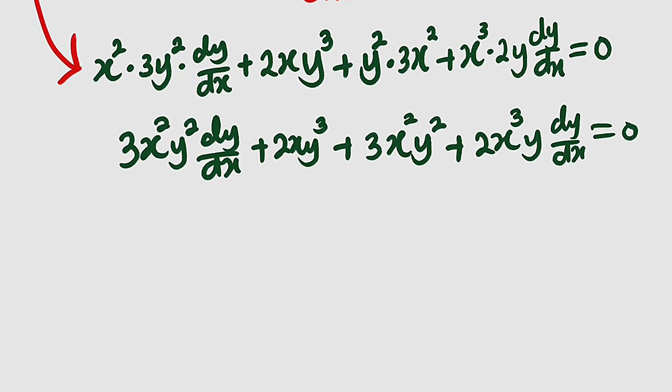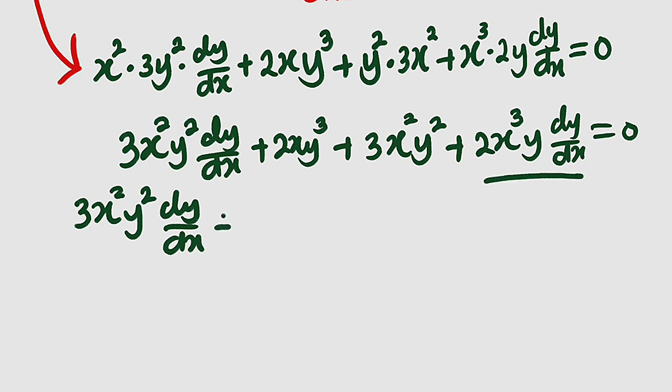Let us bring those with dy together. We have 3x squared y squared dy over dx, then we have another one here which is plus 2x cubed y dy over dx. Then any other term that does not contain dy over dx, we are going to take it to the other side.